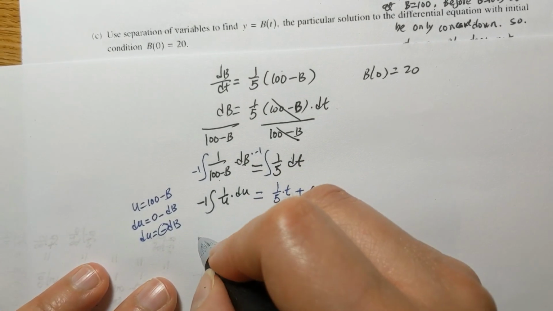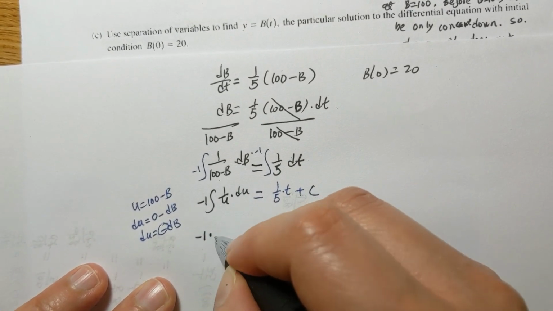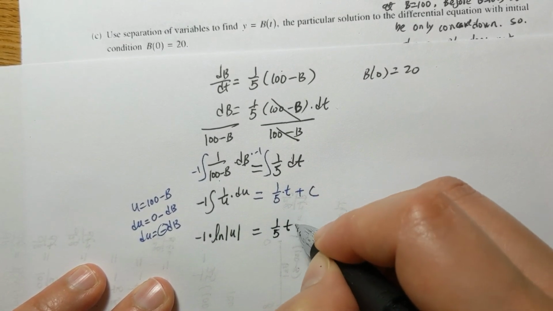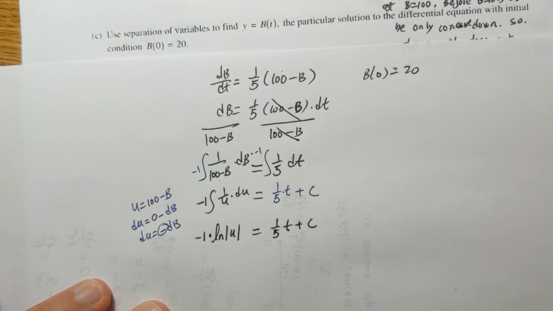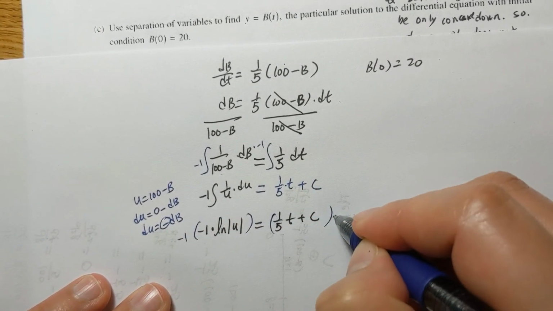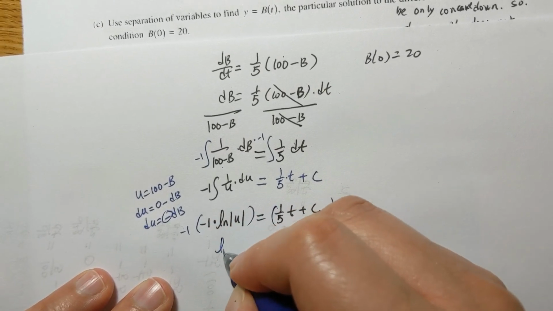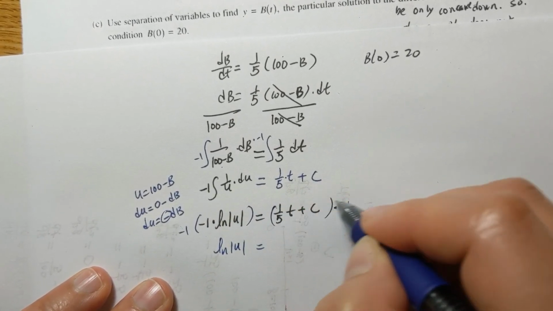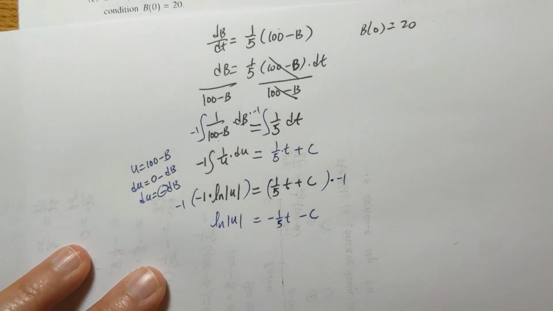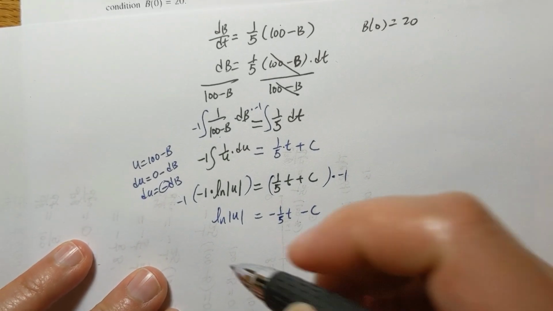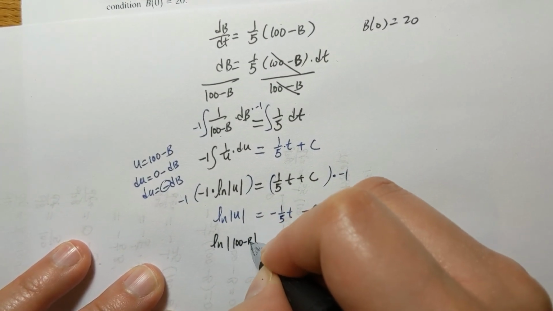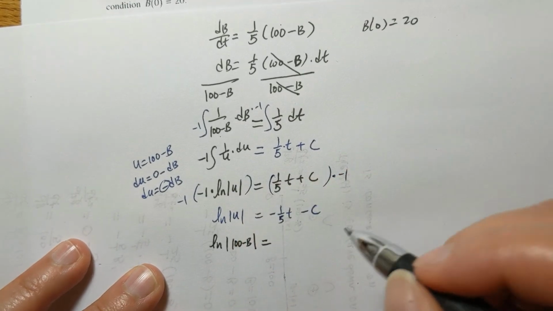So now we get negative 1 times the natural log with absolute value. We want to get rid of the negative 1s, so we can divide by negative 1 on both sides, or multiply by negative 1. So this cancels, and you get this. And multiply, you get negative 1/5 t minus c. Now we're going to replace u by 100 minus B. You can replace earlier if you want to.